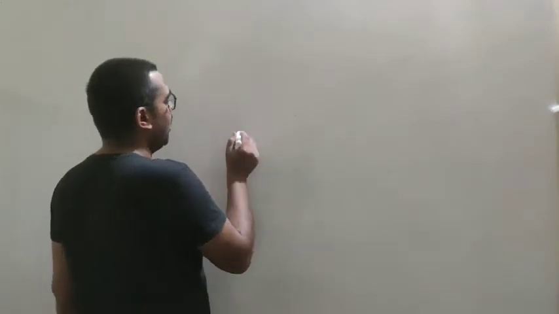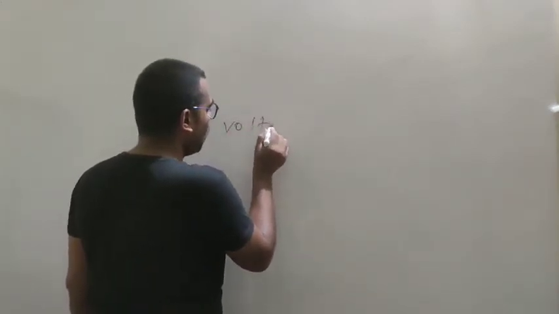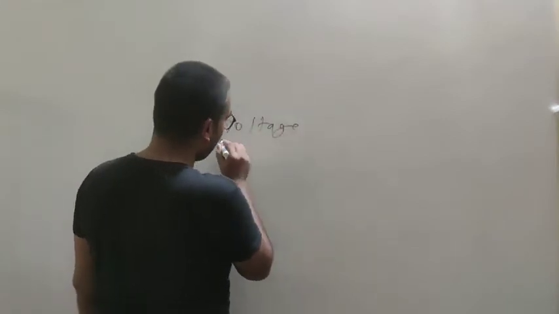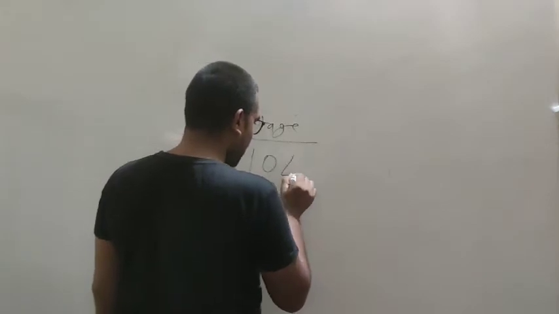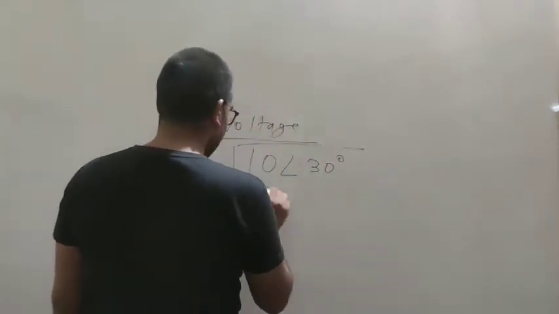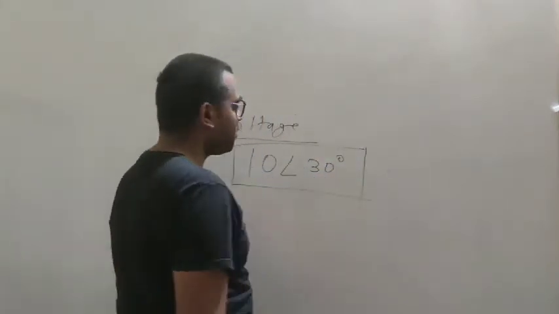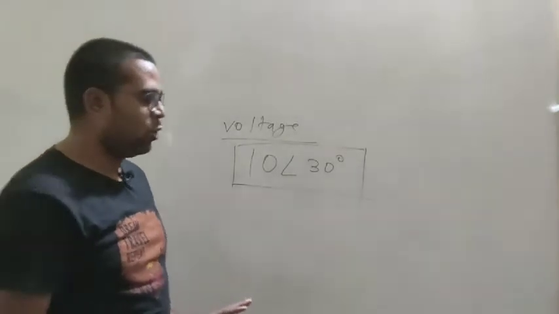In last class, what I told, any magnitude, assume we are assuming voltage, and we are assuming 10 volts at an angle of 30 degrees. Understood? 30 degrees is the phase angle.